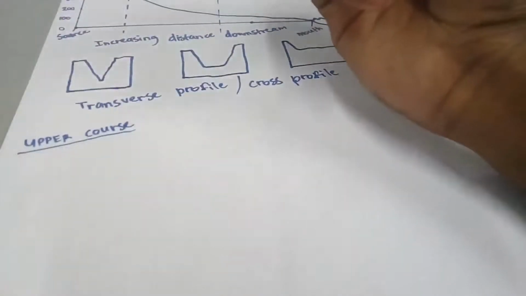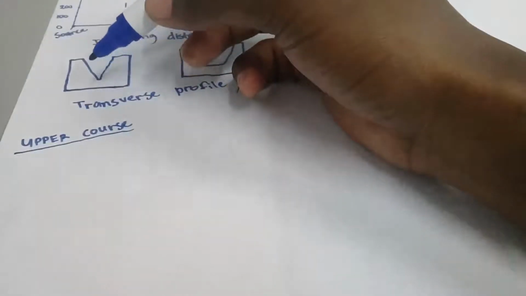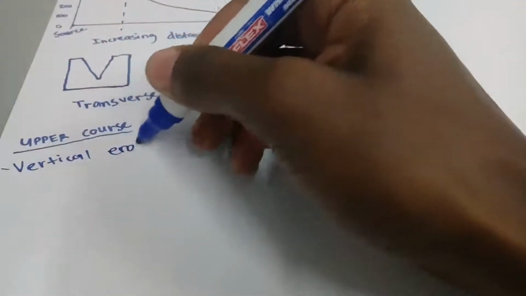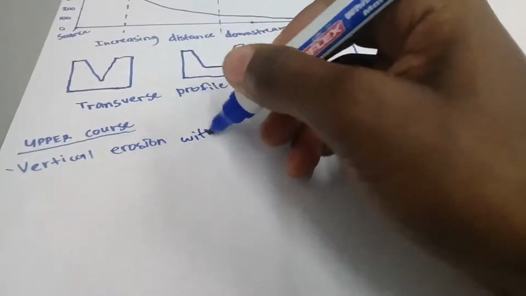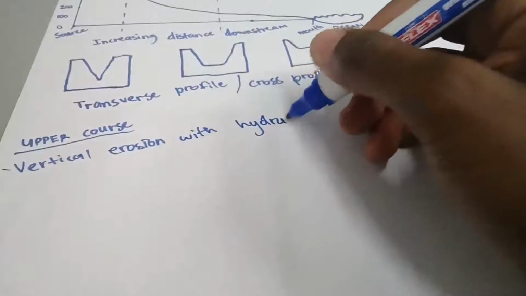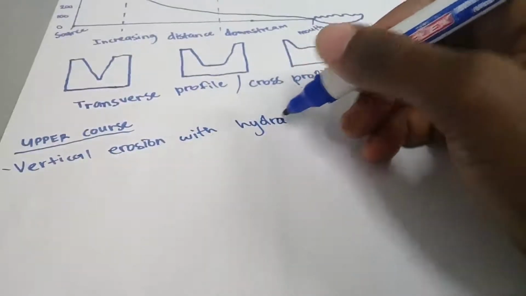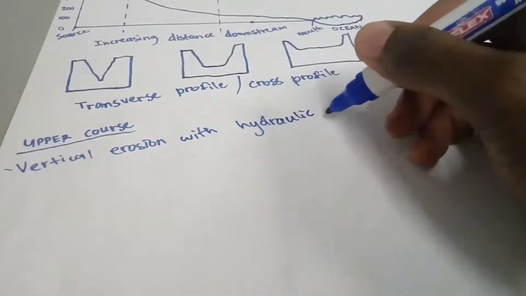In the upper course, as you can see, there is vertical erosion with hydraulic action.